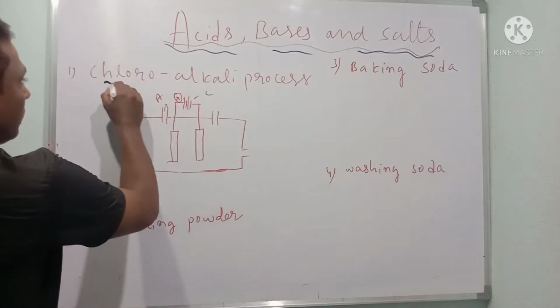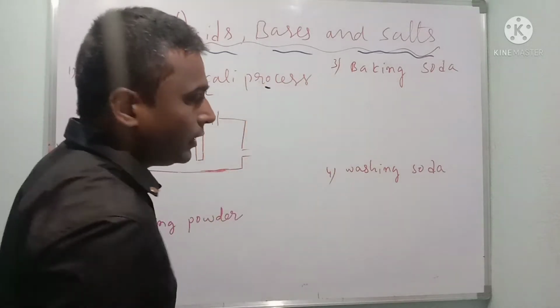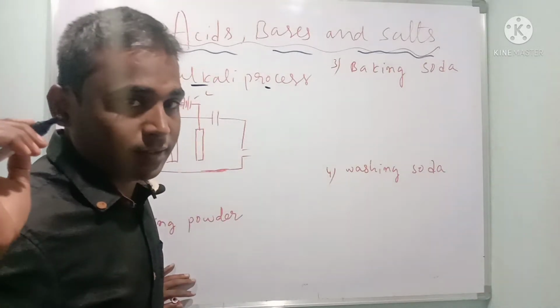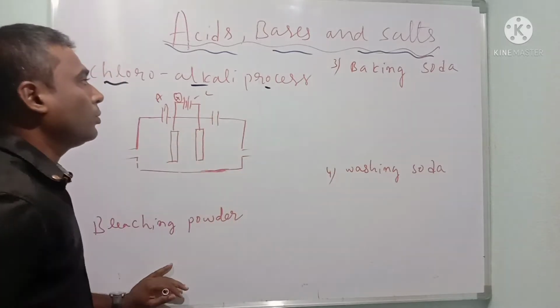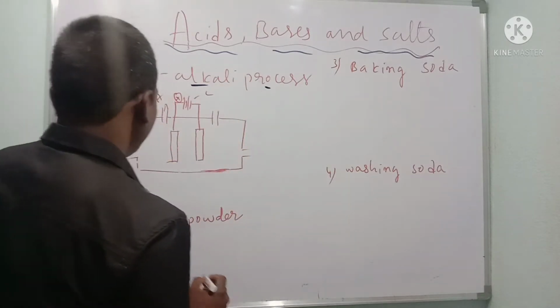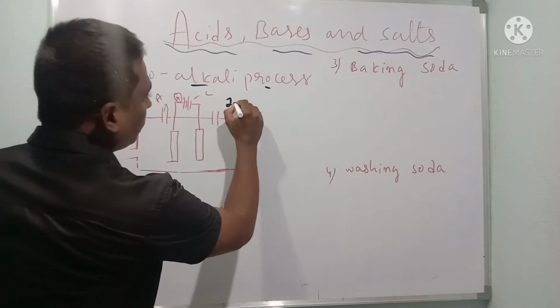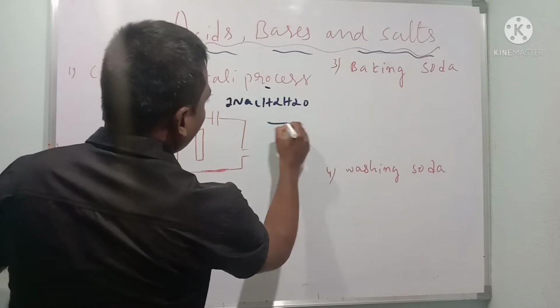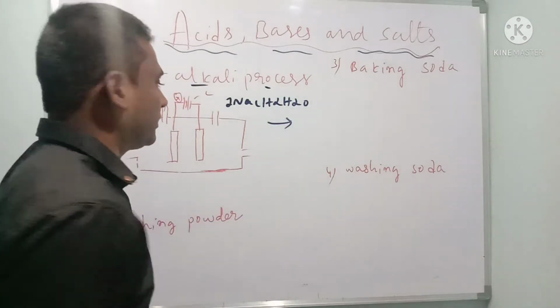The first one is the chloroalkali process. Dear children, it is used to prepare sodium hydroxide. Here what we are going to do is very simple. We take sodium chloride plus water under the electrolysis process.